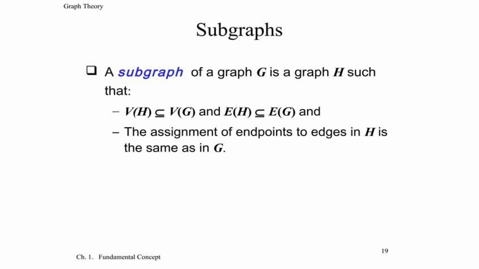Now that we know what a full graph looks like, let us talk about taking it apart. This brings us to the idea of a subgraph. So what is the definition of a subgraph? A subgraph is exactly what it sounds like, a graph that lives inside another graph.